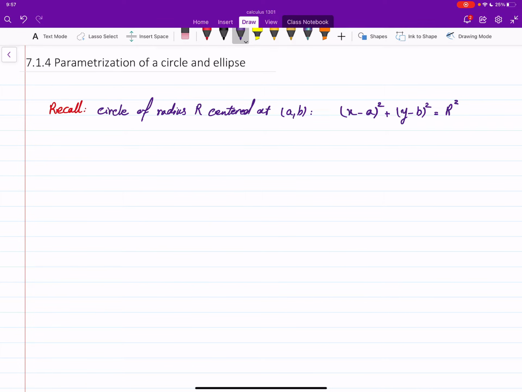In other words, the distance of (x, y) from (a, b) must be constant, r. Yes, that's what it says.